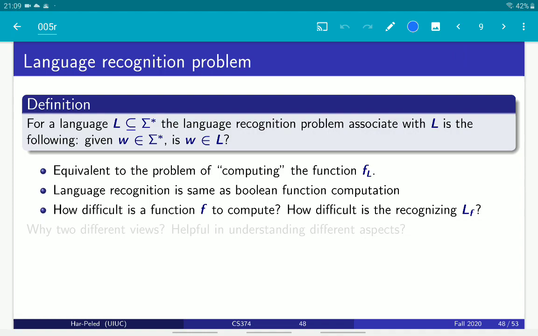As I mentioned earlier, our interest is in figuring out for specific Boolean functions how difficult they are. And I already told you that there are ridiculously hard functions. Of course, there are very easy functions. For example, is the string of even length? It's very easy to decide. You just go over the string, count the number of characters in it, and check whether it's even or odd.